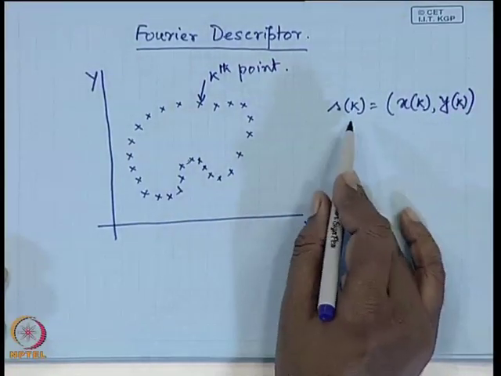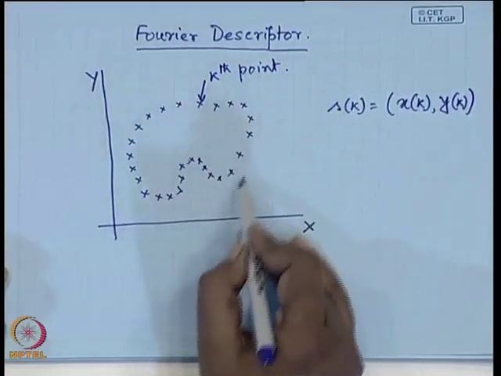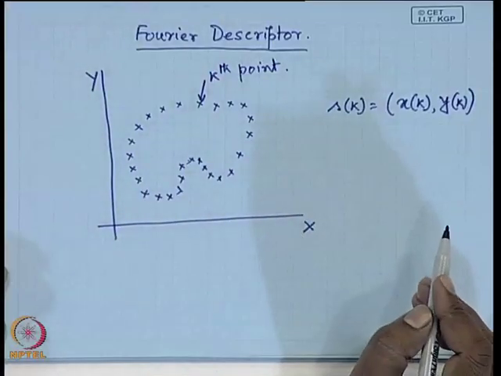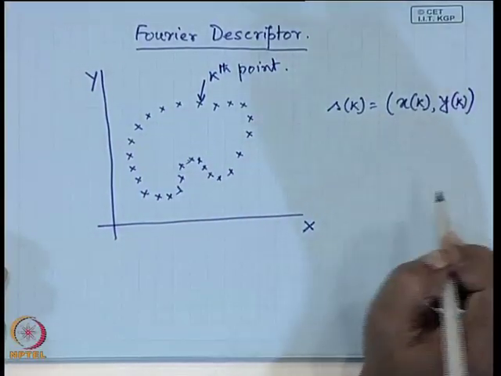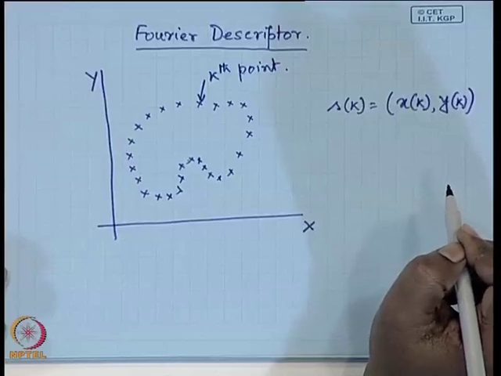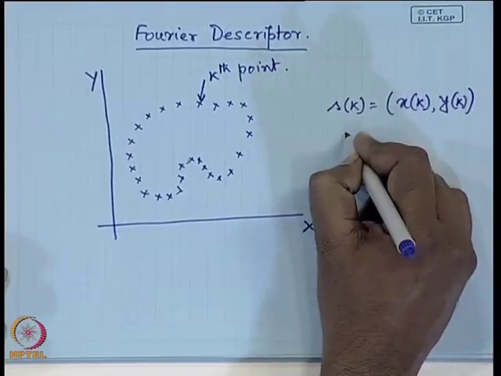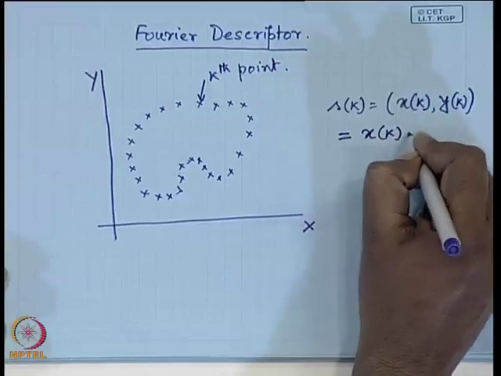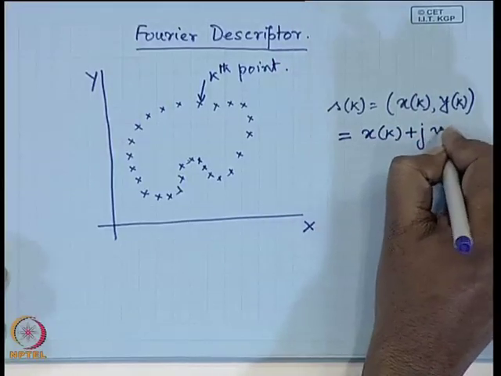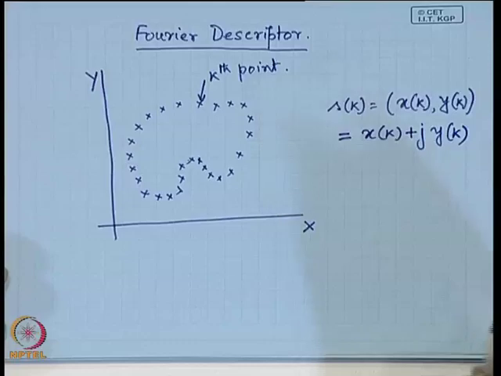Okay. So, for different values of k, I get a set of different boundary points. I can assume that this coordinate can be represented by a complex number, so I can represent this as x k plus j y k.